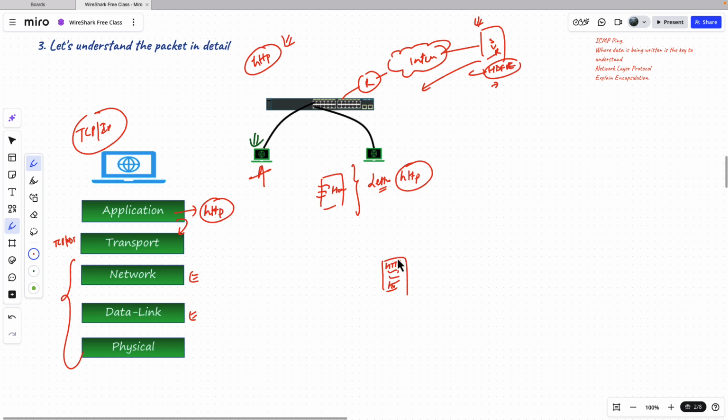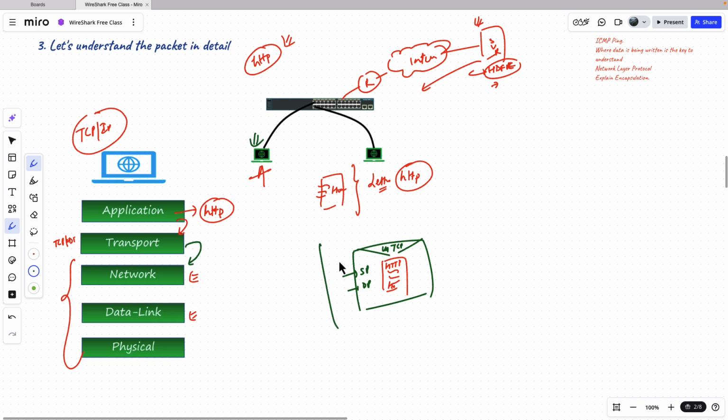So this thing is written by HTTP protocol at application layer. This will be given to transport layer, and transport layer is going to encapsulate this, right? Or put this letter into the envelope and write the port numbers here. Source port, destination port. And this will be your layer 4 header or TCP header. Then transport layer will give it to the network layer.